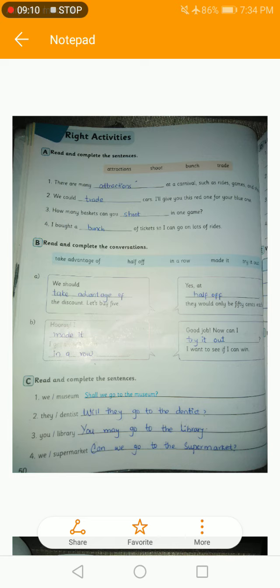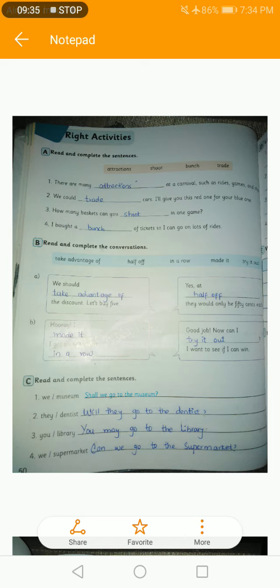Then in the fourth one, I bought a bunch of tickets so I can go on lots of rides. So in the first you write attraction, in the second trade, in the third shoot, and in the fourth bunch.